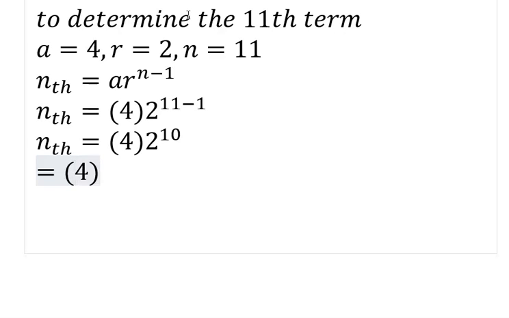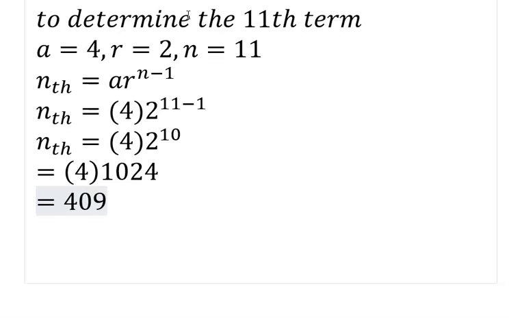Awesome. Okay. 2 raised to the power 10 will give us what? 1024. Beautiful. So if you multiply 1024 times 4, it will give you 4096. So that's our final answer.